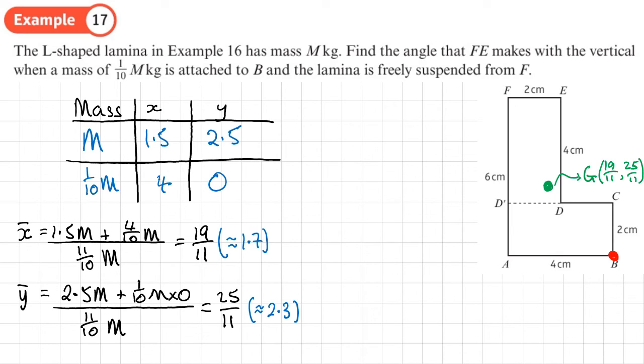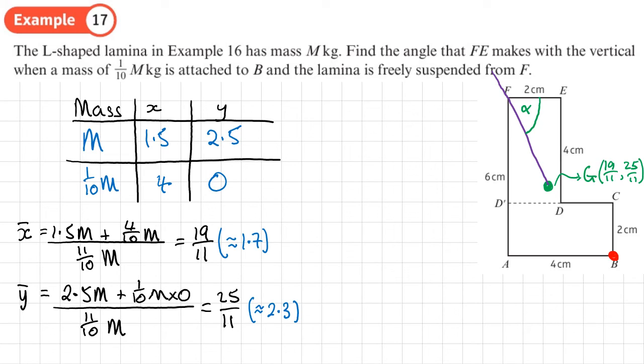And this lamina is being freely suspended by F. So our line goes through F to the center of mass, and this now becomes the vertical, and I want to find the angle between this purple line, the vertical, and the side FE. So this is the angle here that I want to find.